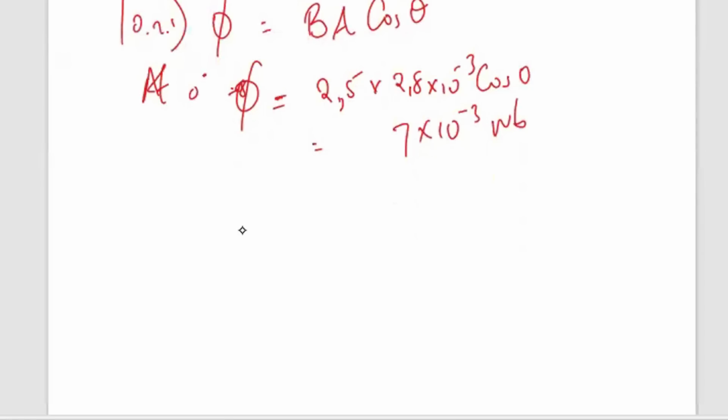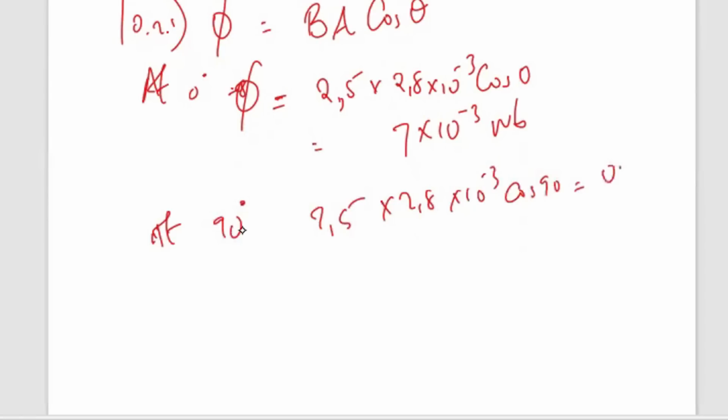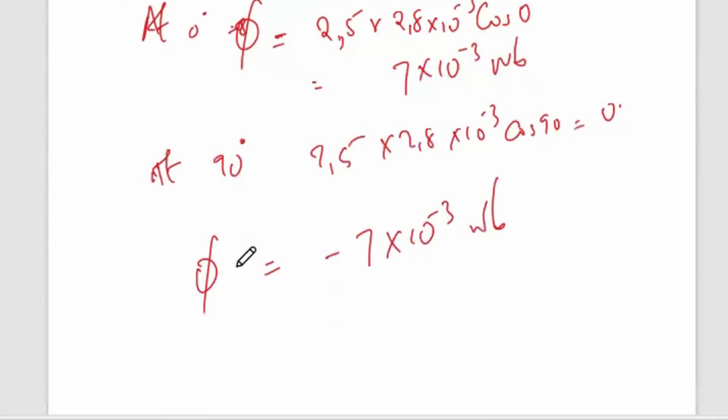And if I focus on 90, we know that the cos of 90 is going to be 0. So 2,5 times 2,8 times 10 to the negative 3 times cos of 90 must give us 0, which means that the change in the flux is 0 minus that, which is negative 7 times 10 to the negative 3 Weber.